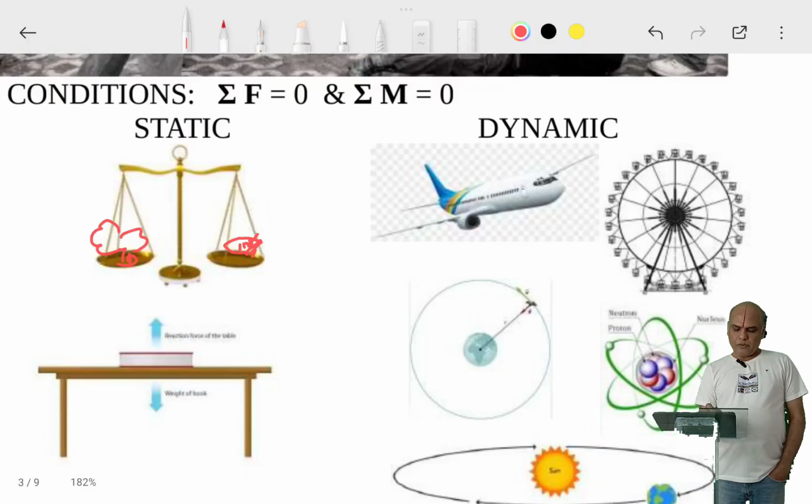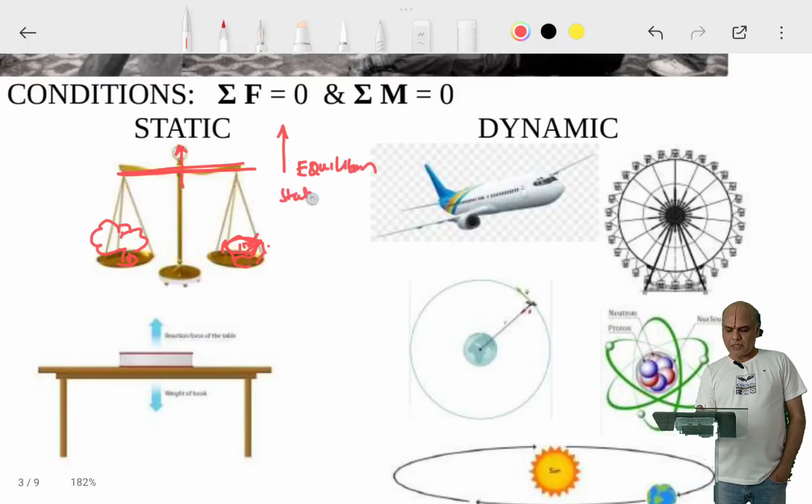When the weight of the vegetable balances out the weight which is placed on this pan, then the pointer will be pointing vertically up and is stationary. That means this remains horizontal. So it doesn't move. So it attains equilibrium, and because it doesn't move, it is static equilibrium.